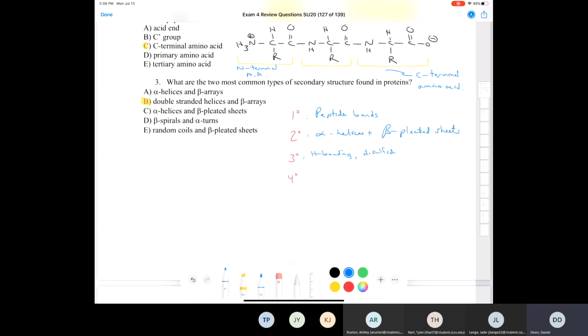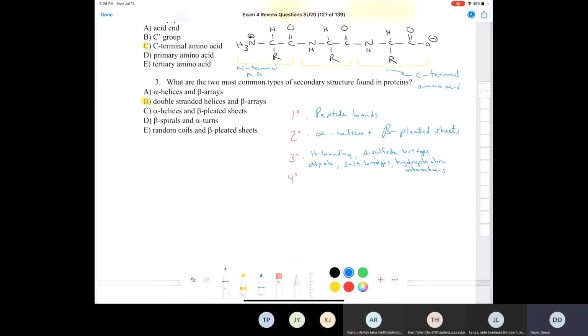Disulfide bridges. There we go. We could put dipole interactions, and we could also put salt bridges. We could also put London forces or hydrophobic interactions.